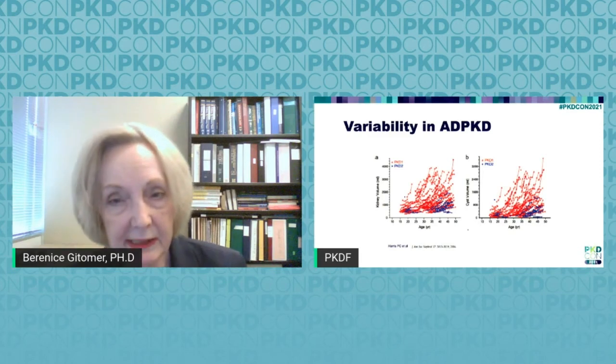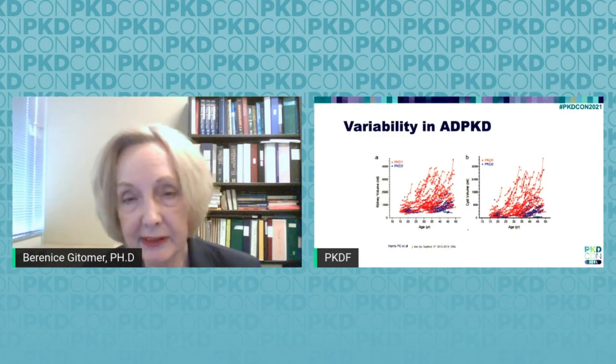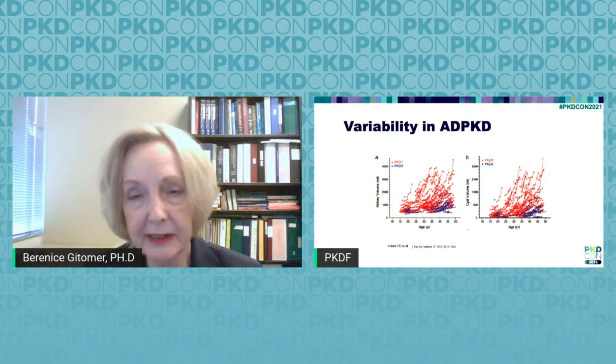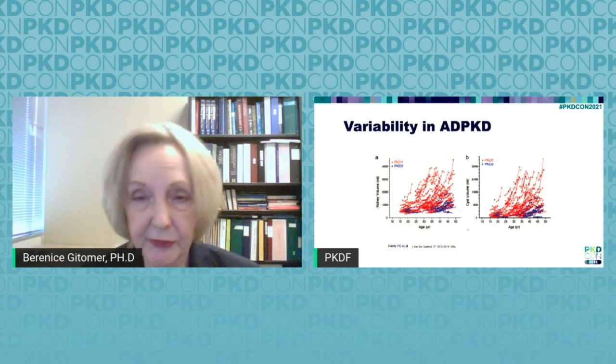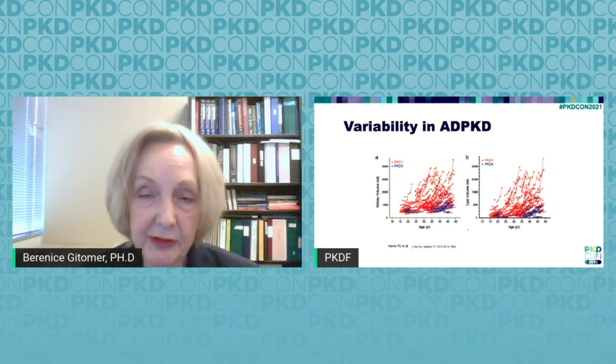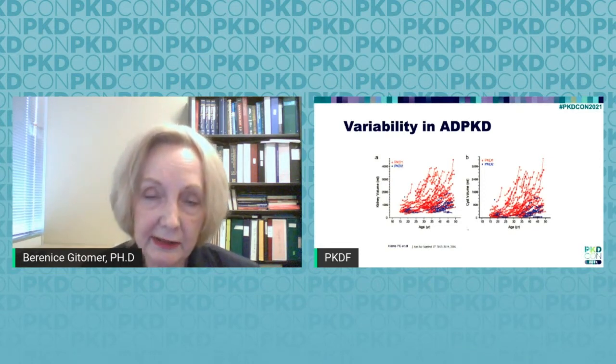So in ADPKD, there is significant variability. If you focus on the left panel, the red dots represent PKD1 and the blue dots towards the bottom, PKD2. Along the bottom you have age, and on the other axis it's showing total kidney volume.